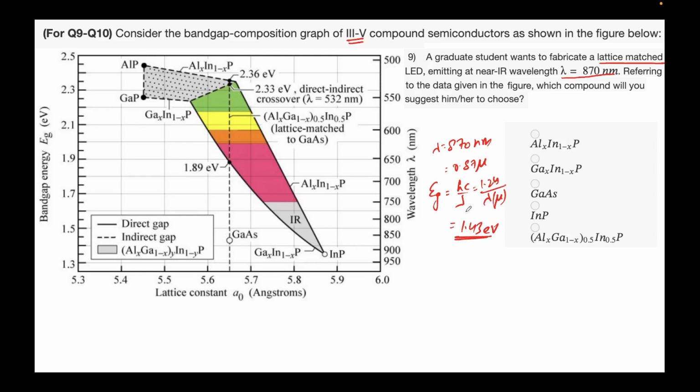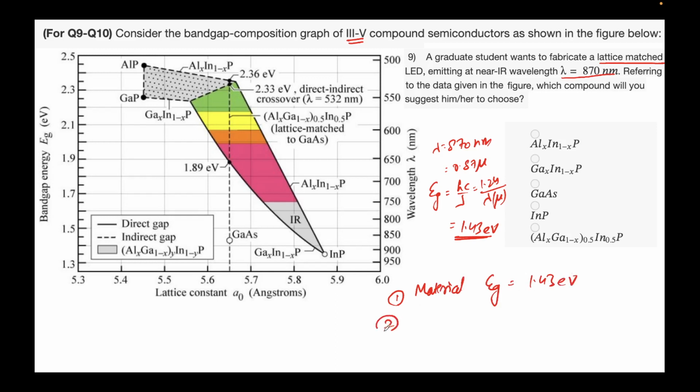So we want 1.43 eV, and we want lattice matched. Lattice matched means we have some substrate, and the material that we want to grow should have the same lattice constant. So for instance, if I choose gallium arsenide as the substrate, first the material Eg should be equal to 1.43 eV.